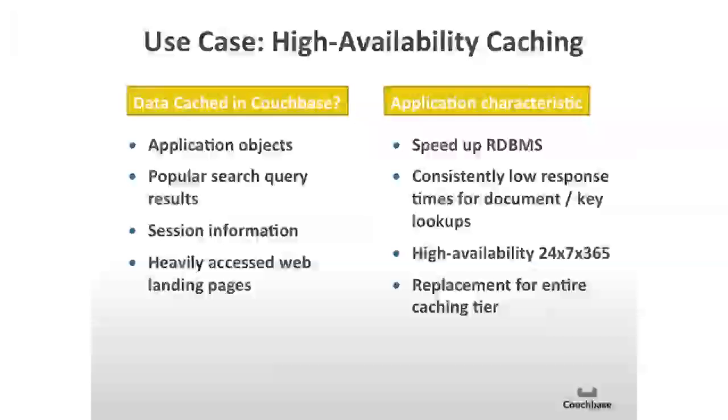On the other side, looking at application requirements, they want to speed up the RDBMS, because the RDBMS is the persistence layer below us, whereas Couchbase is on top, in memory. They wanted consistent low response times for document key lookups. They also wanted high availability, so that in case one of the servers goes down, we have durability and fail over to another server, which takes the traffic.